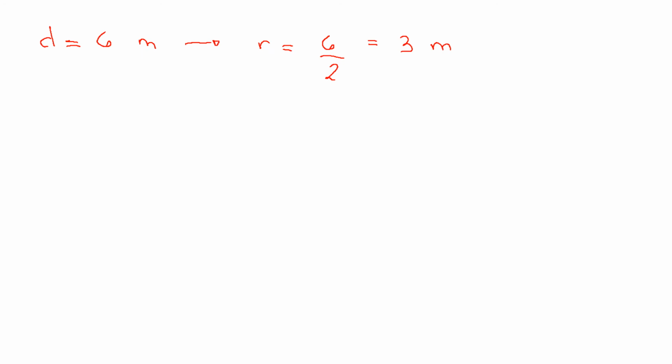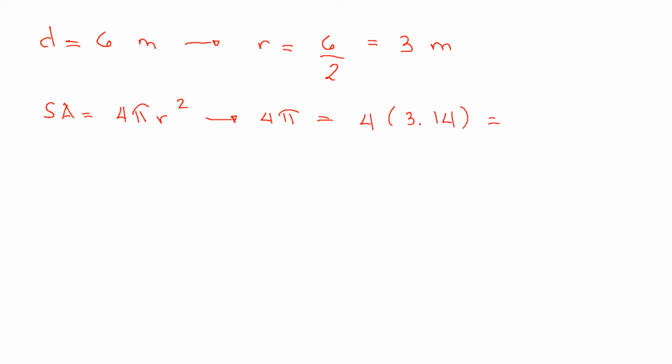Okay? Now, since we are talking of a sphere, sabi natin, the surface area is equivalent to 4 pi r squared. Diba? So, kung 4 pi r squared, kanina we found out na yung 4 pi, sabi natin ay 4 times 3.14. Diba?